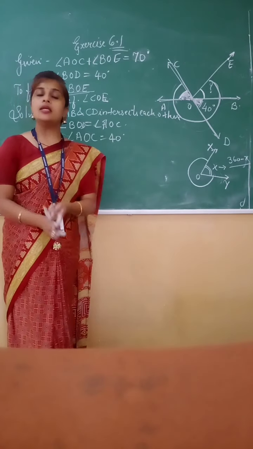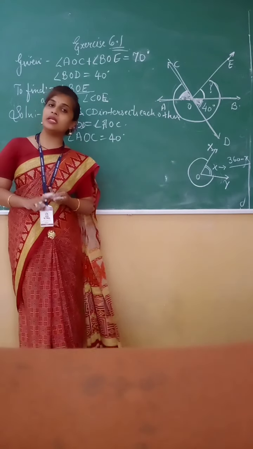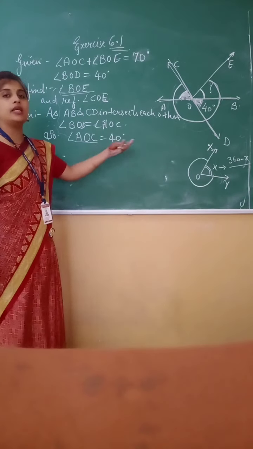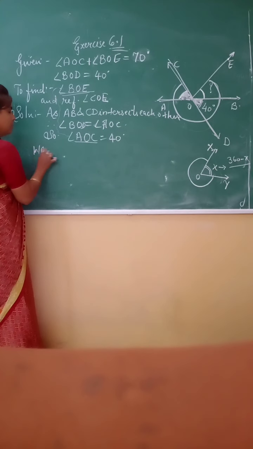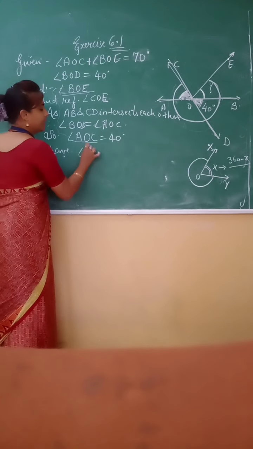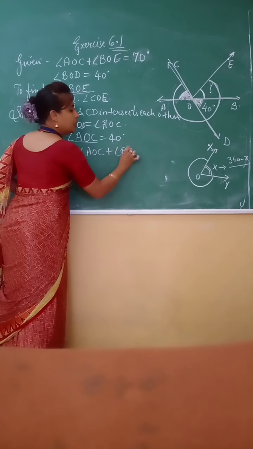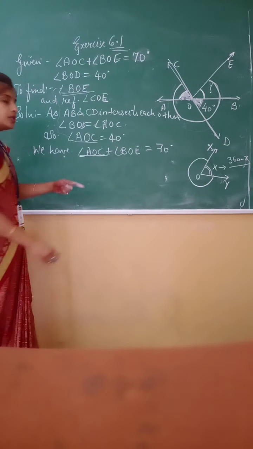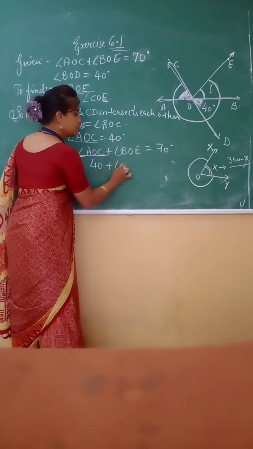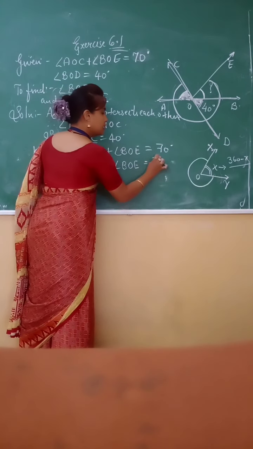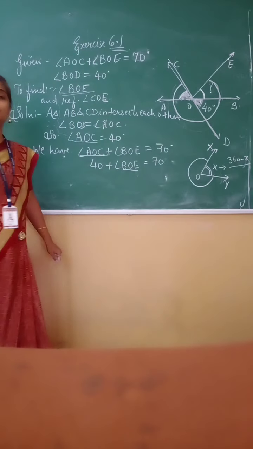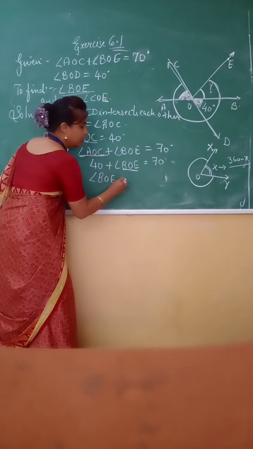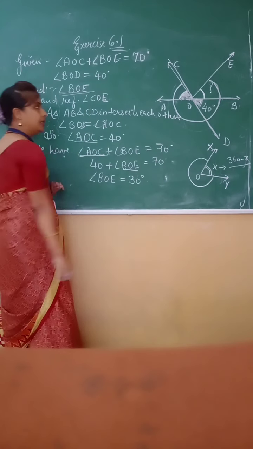Since AOC is equals to 40 degree, we have given here that angle AOC plus BOE is 70 degree. The measurement of AOC is 40, so 40 plus BOE is 70 degree. So what is the measurement of BOE? Yes, it is equals to 30 degree. So angle BOE is 30 degree.